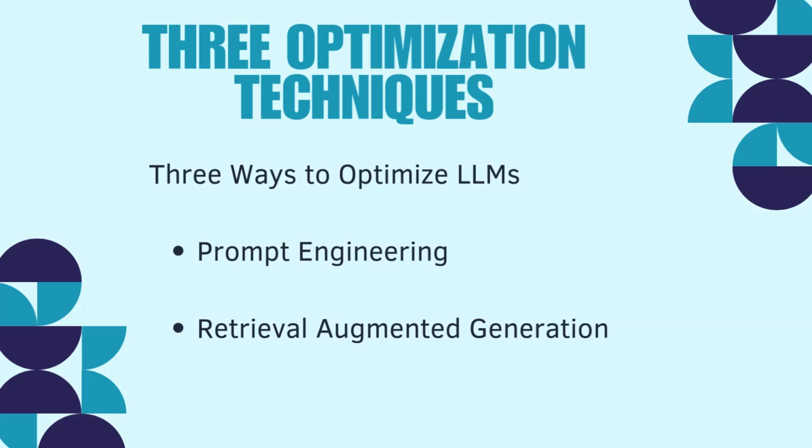These three techniques help us improve accuracy, relevance and control when working with LLMs. At a high level, prompt engineering is the simplest approach. RAG connects the model to external knowledge and fine tuning actually retrains the model itself. They solve different problems, but in practice, they are often used together.